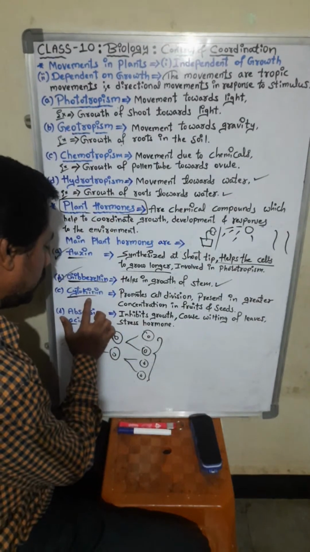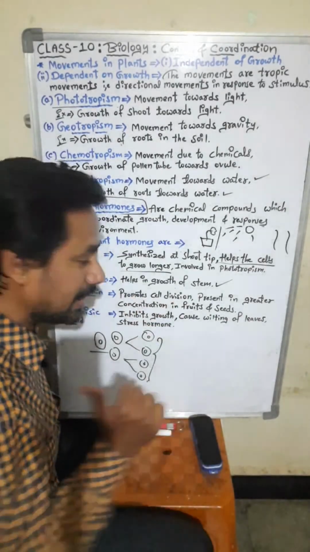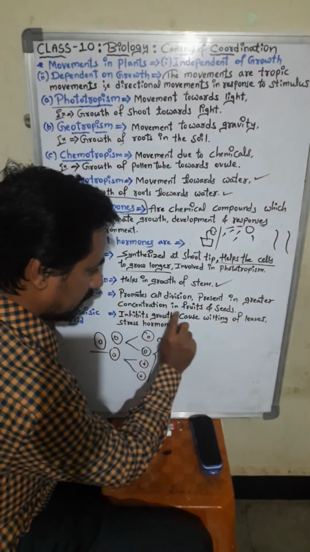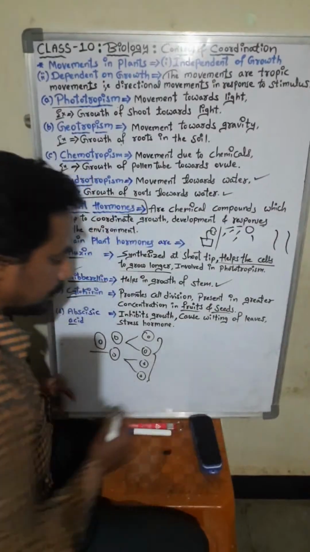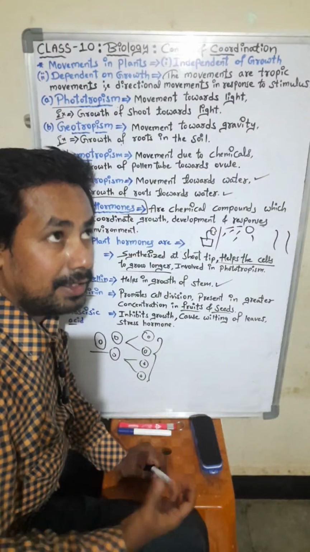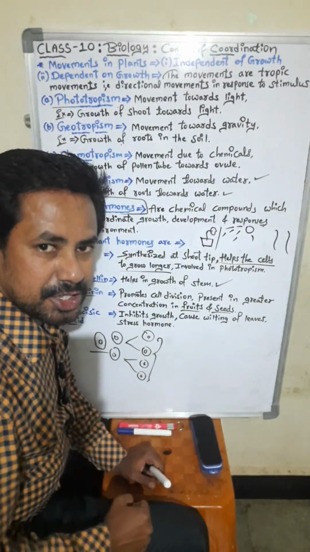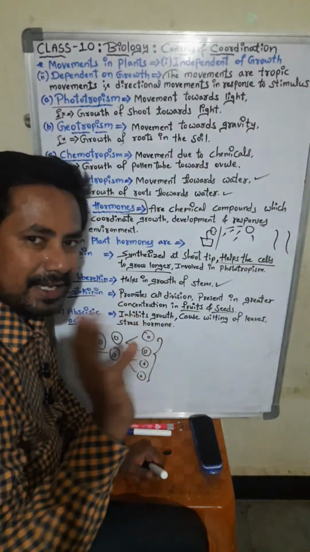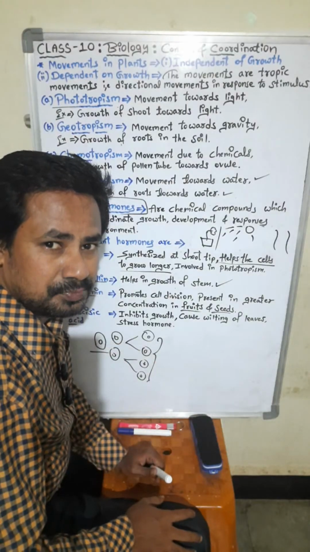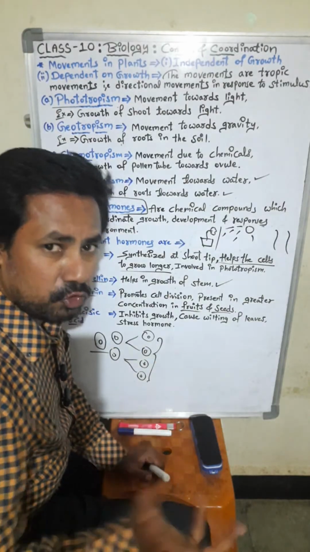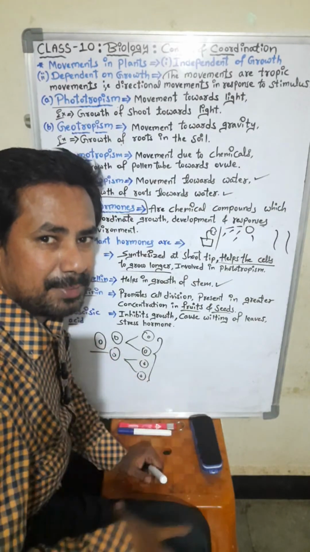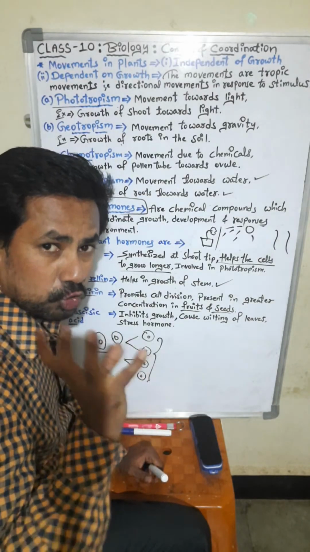So cytokinin helps in cell division, present in greater concentration in fruits and seeds, students. Why? Whenever we put seeds in the soil, they have to grow, so they need energy, so cell division. Cytokinin is present in seeds and fruits. Fruits we eat, students, are very tasty, sweet fruits, citrus fruits, and too much energy and nutrients will be there inside those fruits.